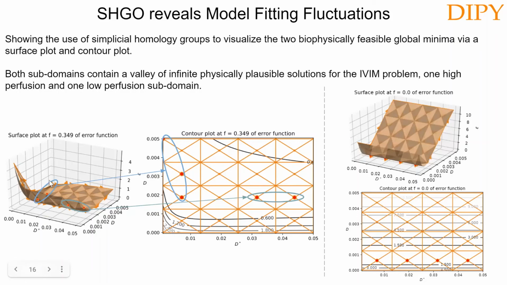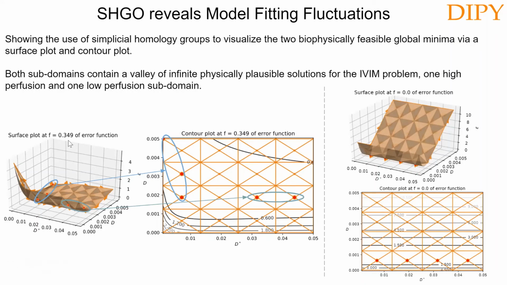Here you can see these three star domains, as we refer to them: here is one minima and here is the second minima. And this is the simplicial complex that was built, and the black lines show the gradient, which is shown over here in 3D. This is one case where there are two plausible solutions and the model doesn't know which one to pick, right?